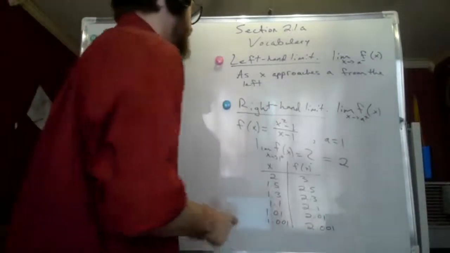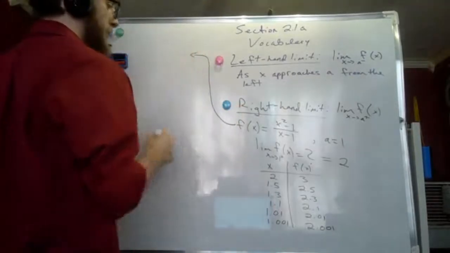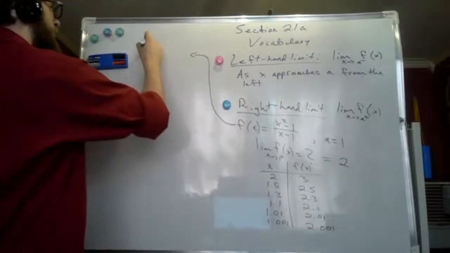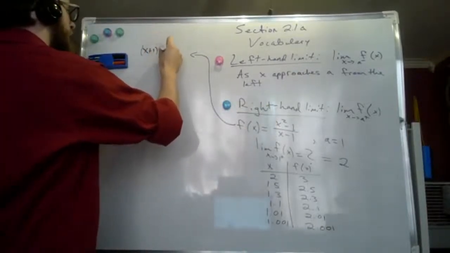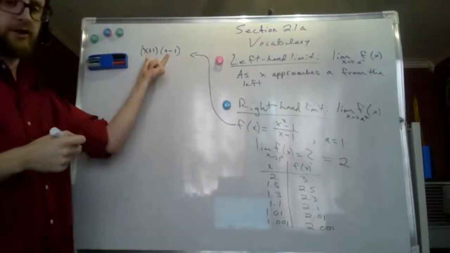Now, luckily, we can see that the numerator is factorable. The numerator will factor into x plus 1 times x minus 1. These are conjugates of each other.